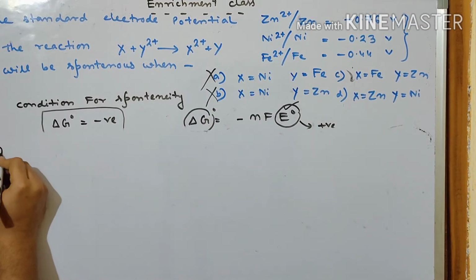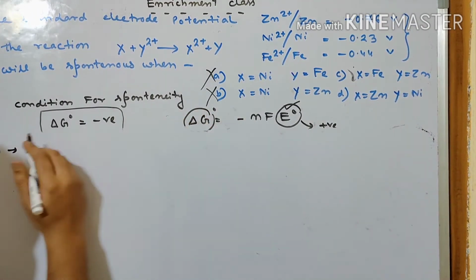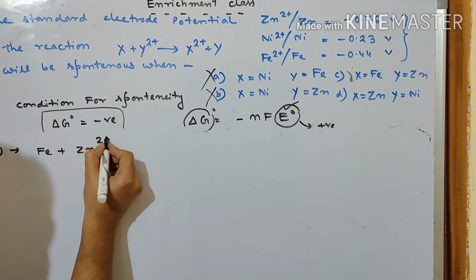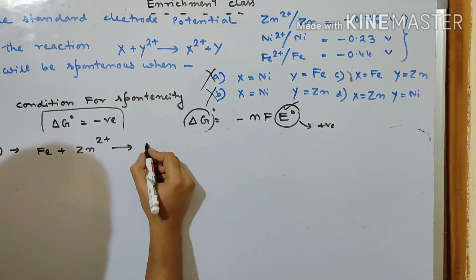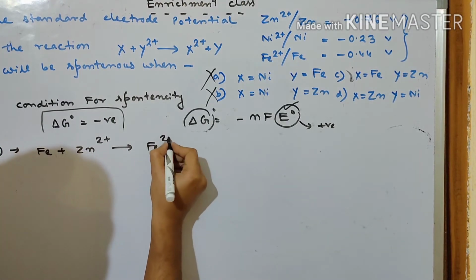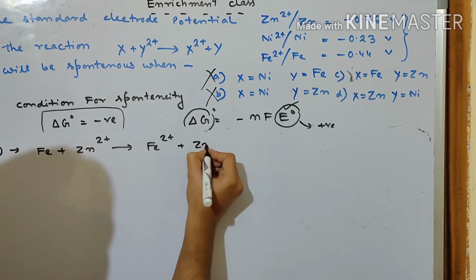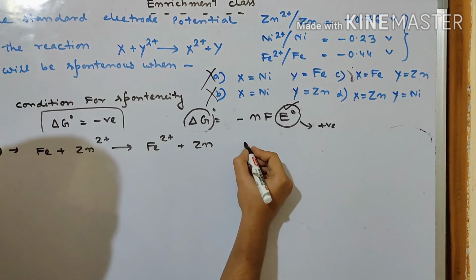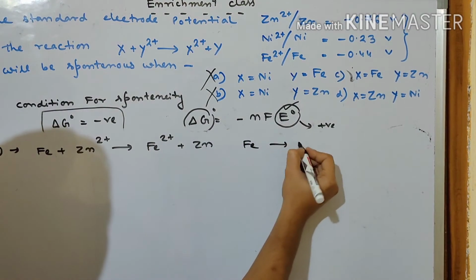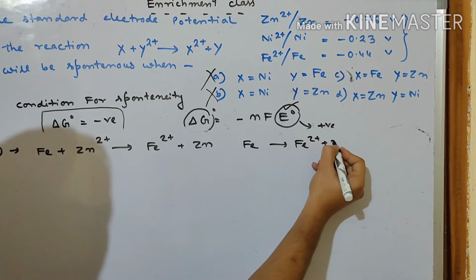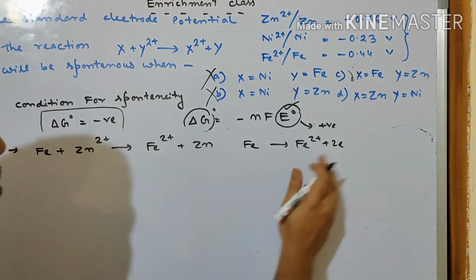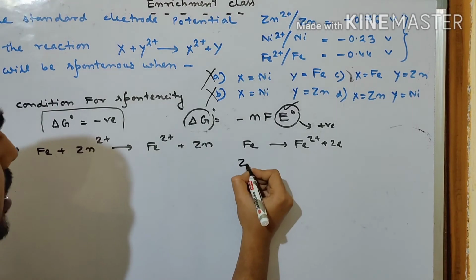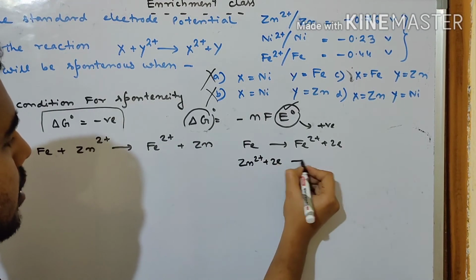Option C suggests X is Fe, that means it is Fe plus Zn2+ giving rise to Fe2+ and Zn, right? So Fe gives rise to Fe2+ plus 2 electrons, and on this side Zn2+ accepts 2 electrons to become Zn.